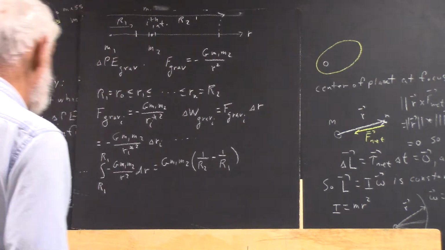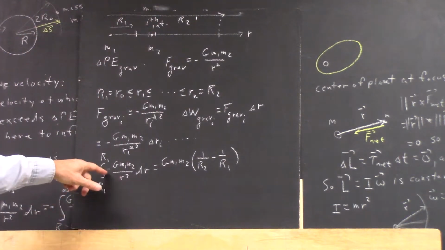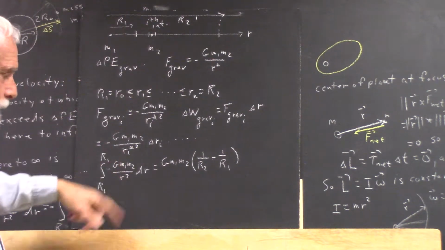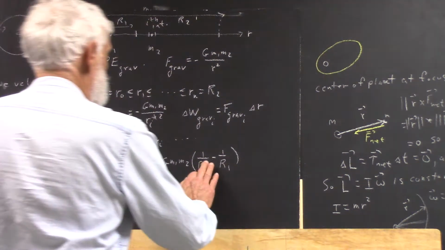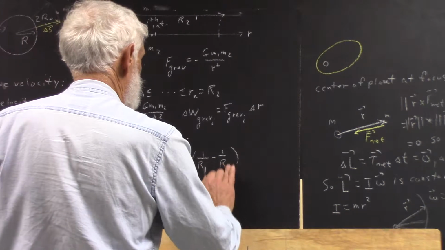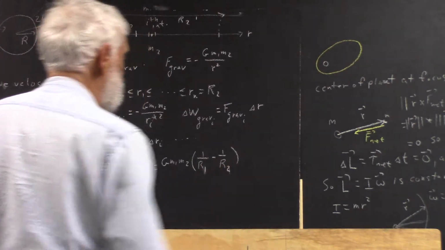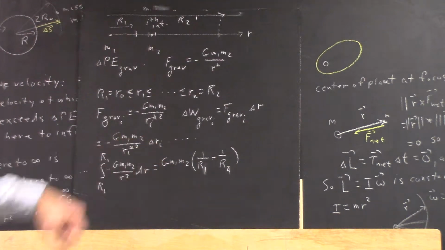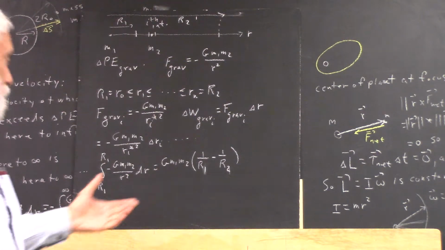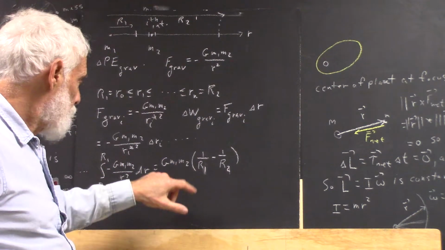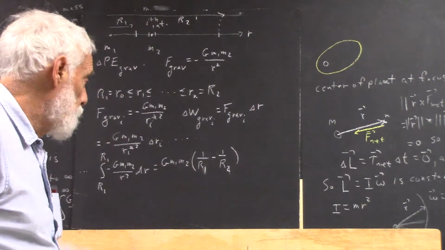I've got it wrong. There's another negative sign. I've got the negative from the antiderivative, so it should be, I got too fancy for my own good there, and this is why I stop and check and why you need to do it too. Okay? So it's 1 over R1 minus 1 over R2.